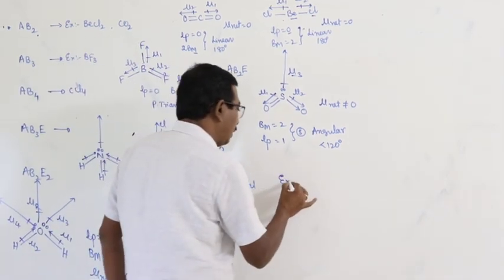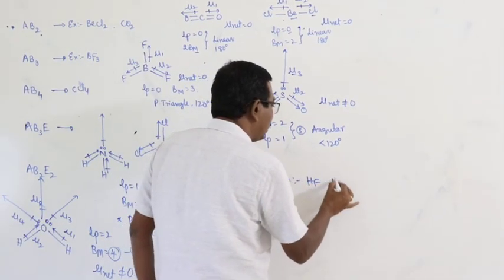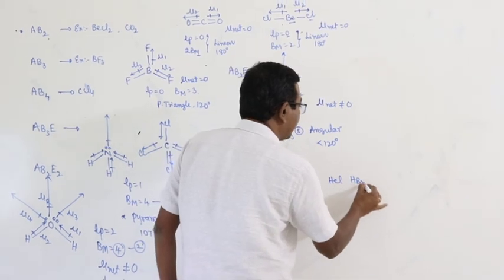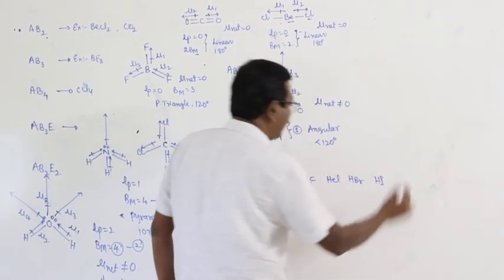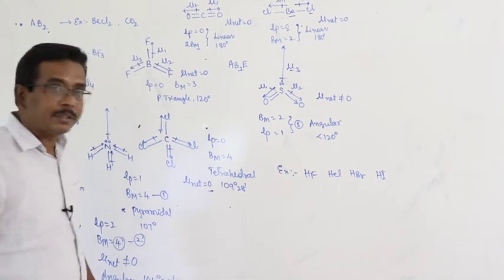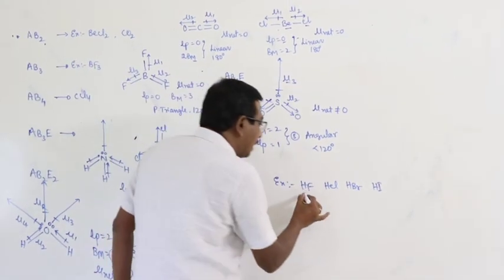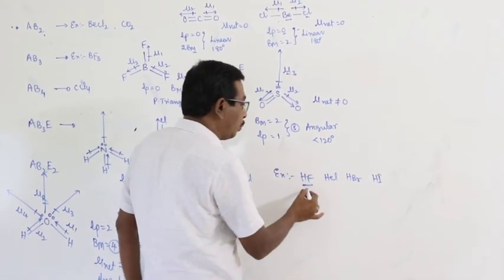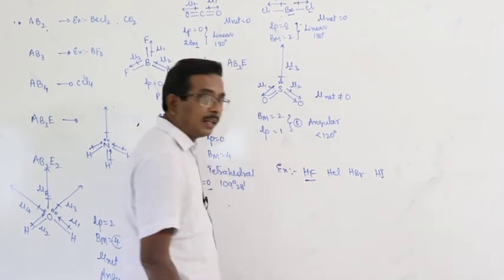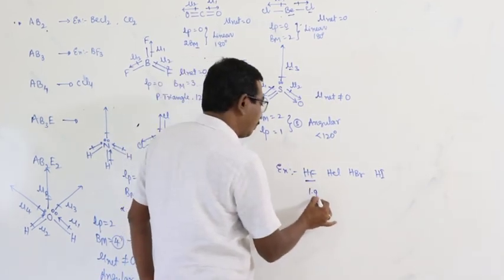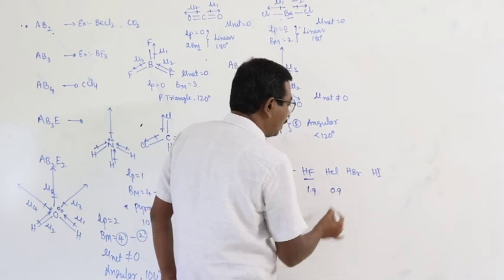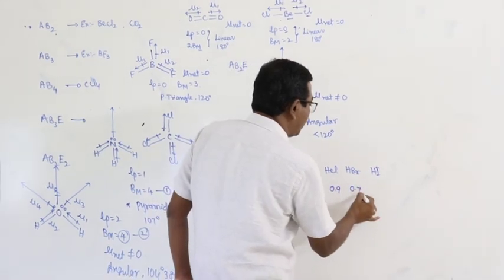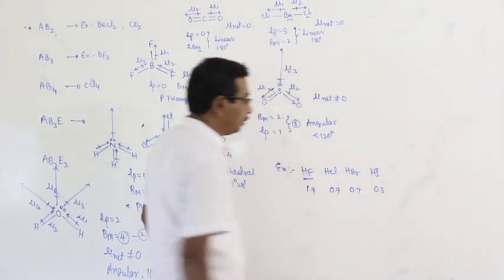Example, let us consider the hydroacids HF, HCl, HBr, HI, etc. Here the electronegativity difference 4 minus 2.1, 1.9, 3 minus 2.1, 0.9, 0.7, 0.3.